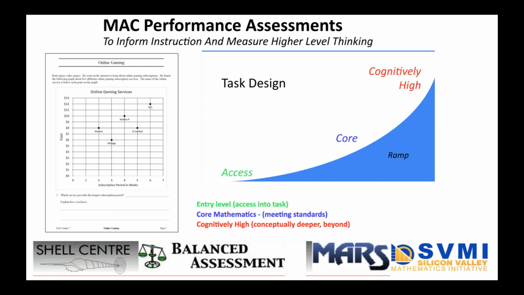The architecture of a MARS performance task is sort of demonstrated in this skateboard ramp you see on the screen, where the first question or two provides access for all students, because we first want to know what it is students actually know and are able to do. And then we follow the trajectory of the big idea of the task and get to core, or what we would think would be meeting standard.